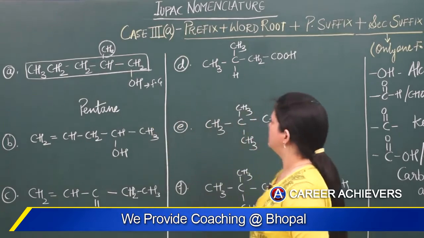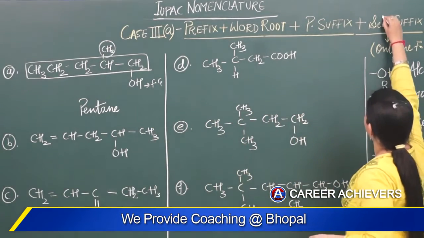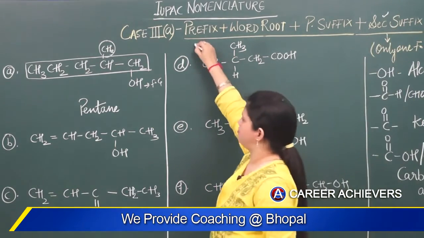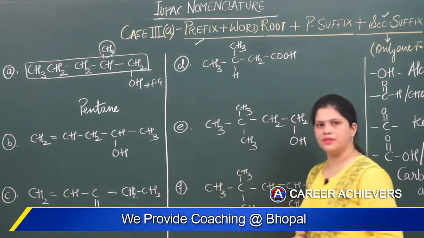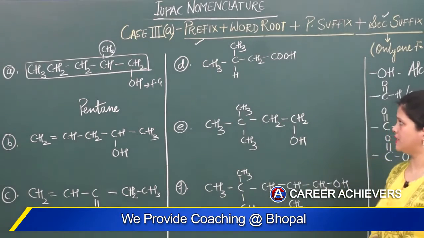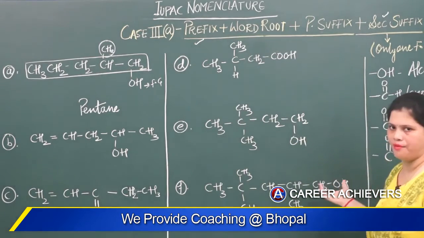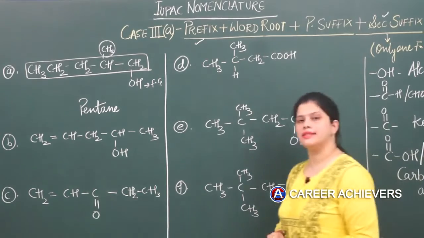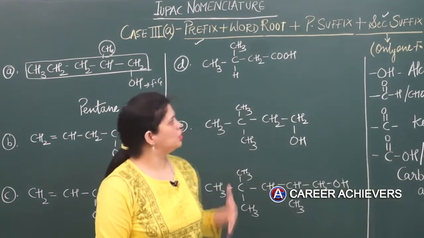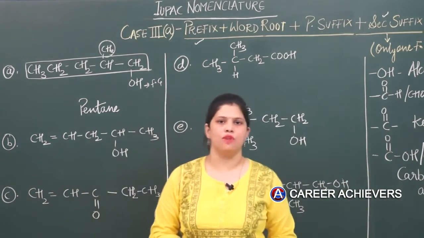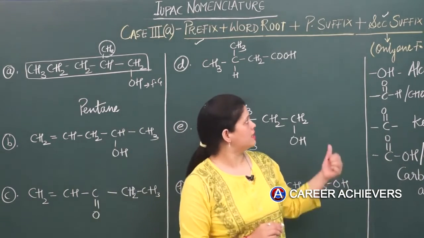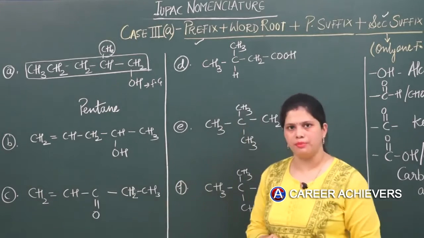In this example, we have the secondary suffix and prefix both. In the previous video I told you in the rules that if both are there, the numbering should be in such a manner that your functional group, that is your secondary suffix, should get the minimum number.